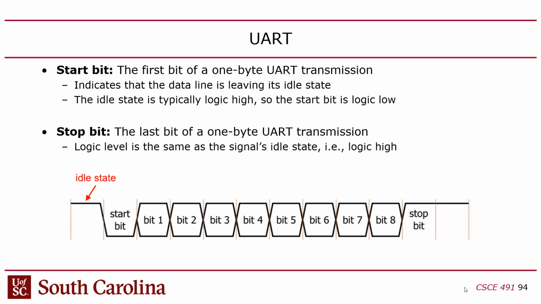So UART, I've got about 3 minutes, so I'll just introduce this and I'll finish this next time. UART idles at a 1. So if you're not sending anything, you have a 1. When you want to send something, you put a start bit, which is where you drive the signal low for 1 bit time. What is a bit time?